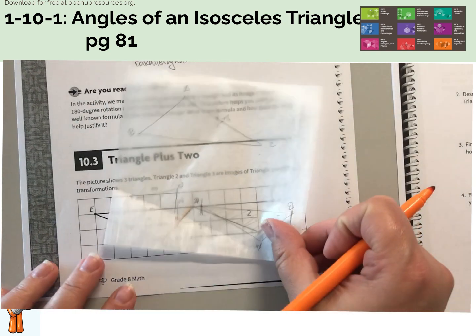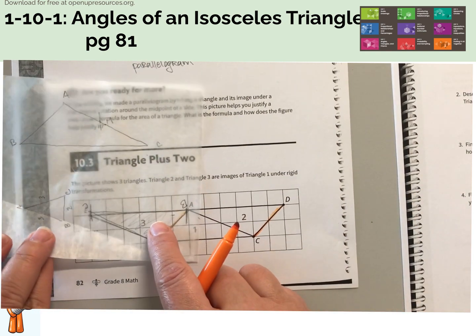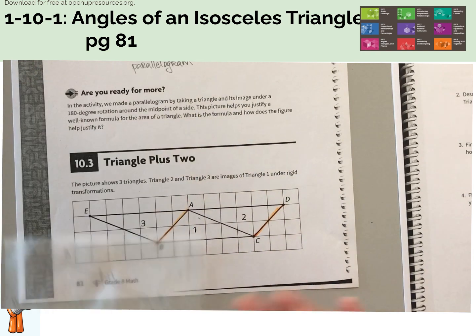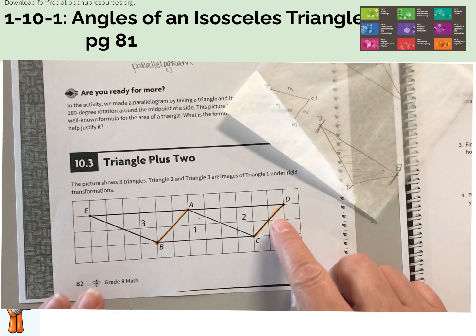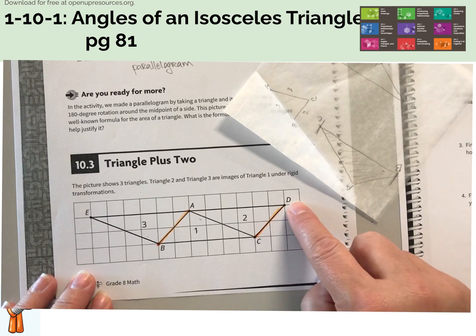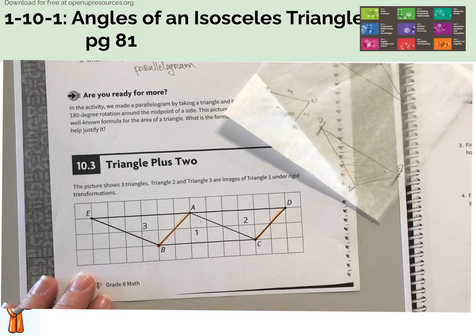So I can take my trace paper, see how this triangle is the same as that triangle, and the corresponding points, so the pieces that are all the same. So I can say CD and AB. Okay, what else can I say? Let's look at this a little bit further.